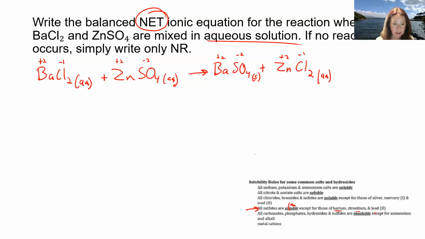Now we have to take it apart. And again, I'm not going to write the AQs. Everything's AQ here except for the solid. Oops. Try that one more time. This stays together. Everything else is going to come apart.